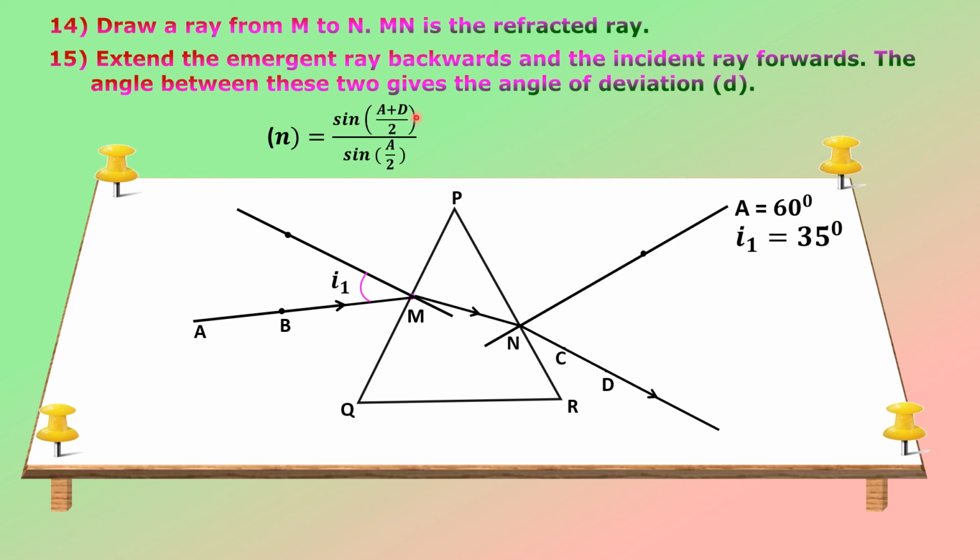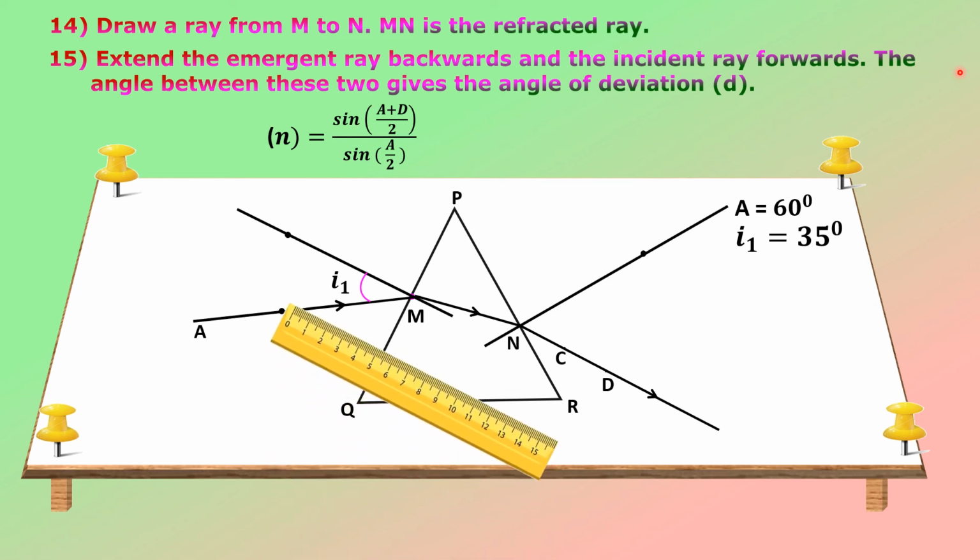Now we have to find the angle of minimum deviation, that is capital D. So first let us measure the angle of deviation, not minimum deviation. First we have to measure the angle of deviation only. The angle of minimum deviation will be found by using a graph. Later we can do that.